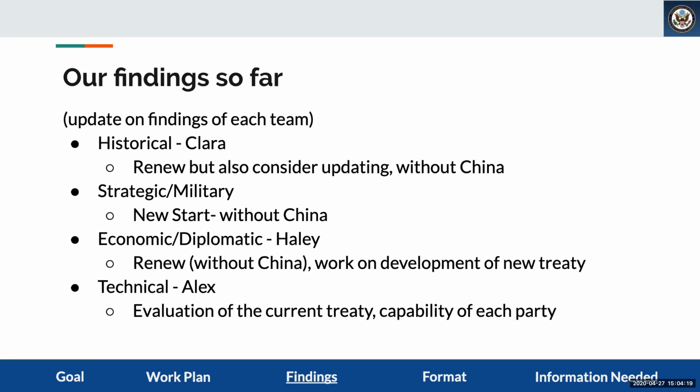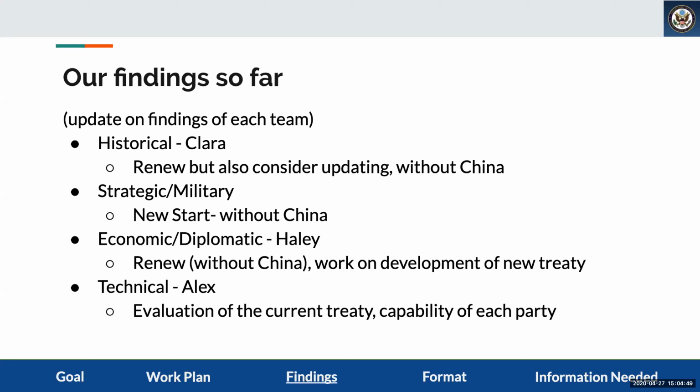Their conclusion is to ideally create an updated New START to account for some of the technological developments that have been applied to nuclear weapons. However, their point is that history has shown that the time to put in place an updated version of the treaty may be quite lengthy and is often complicated by external factors. So it might be more prudent to extend New START for now while thinking about creating a more updated version.